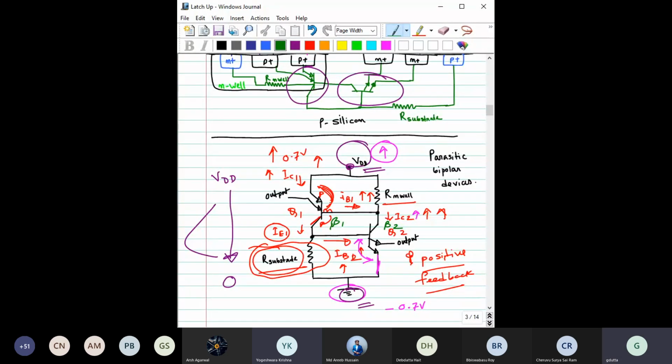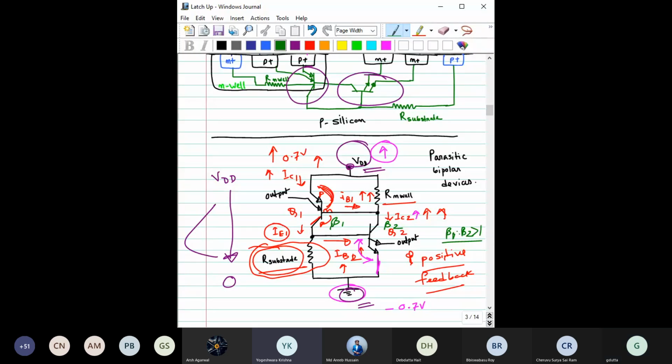So for every cycle, the product beta 1 times beta 2 has to be greater than 1, right? Then only it will sustain that loop. Otherwise it will break, right? If there is no amplification of these charge carriers, then that whole thing would die.